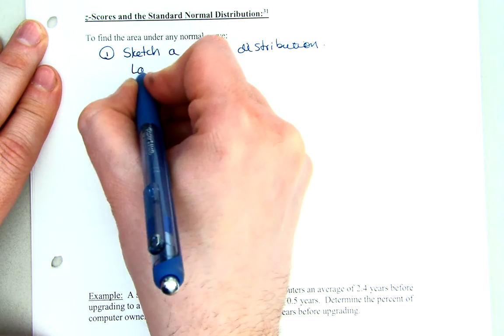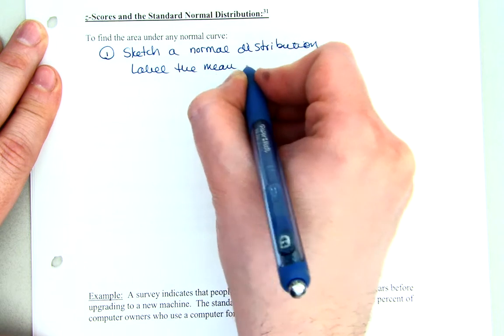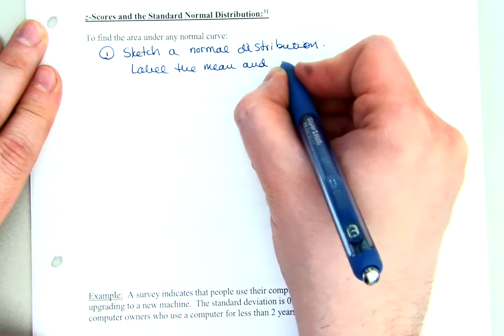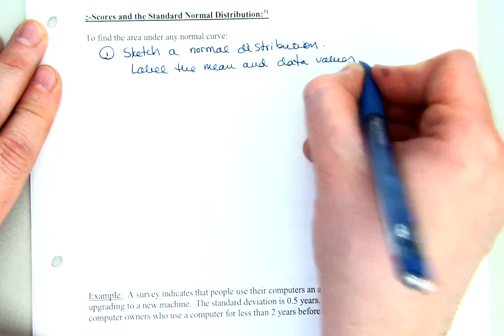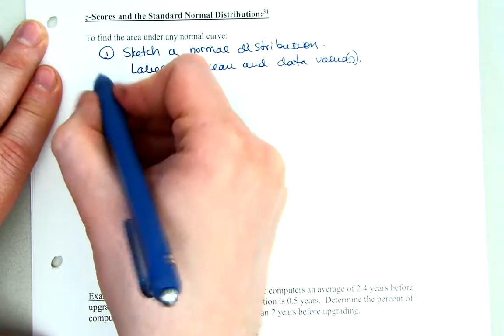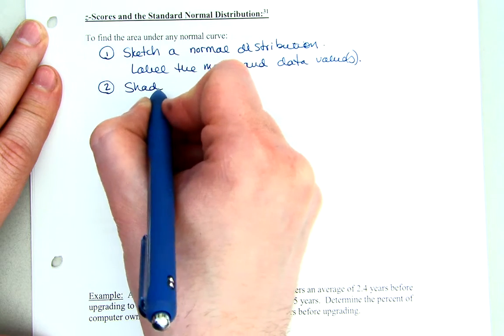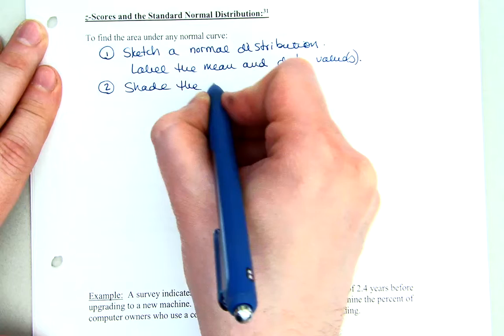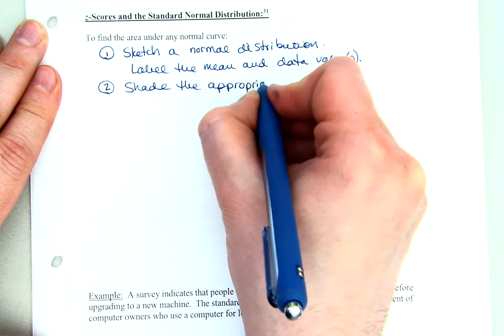When we do that, we will label the mean and the data values that were given to work with in that problem. The second thing we'll do is we'll shade the appropriate region. Shade the appropriate region.